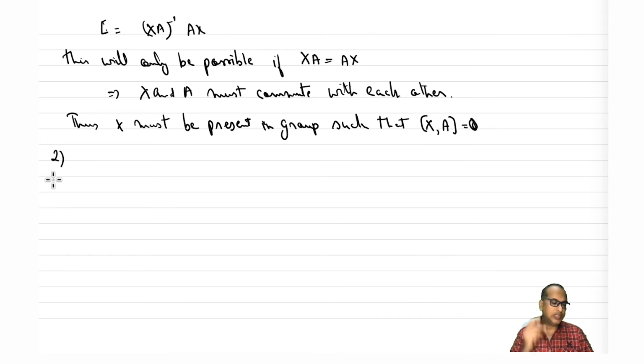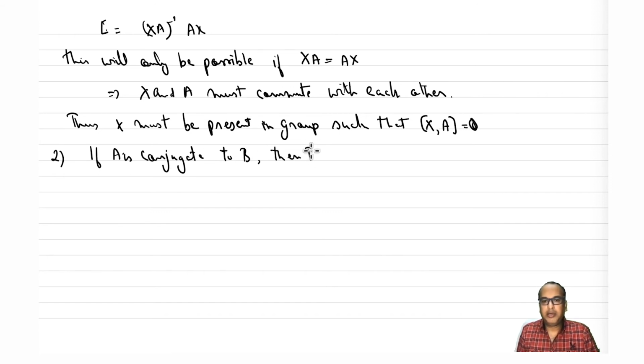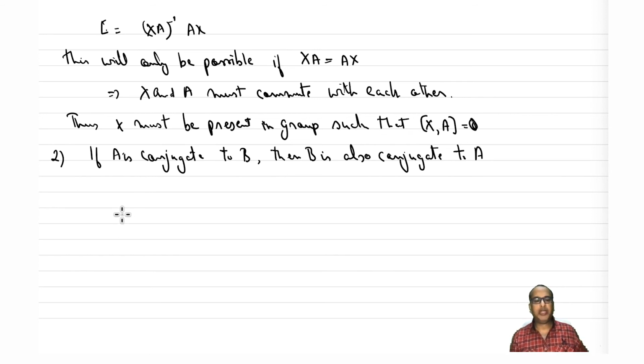Okay, so now let's look at the second property. If A is conjugate to B, then B is also conjugate to A. That means both are related to each other by similarity transformation, right? Now let's see what it means mathematically.